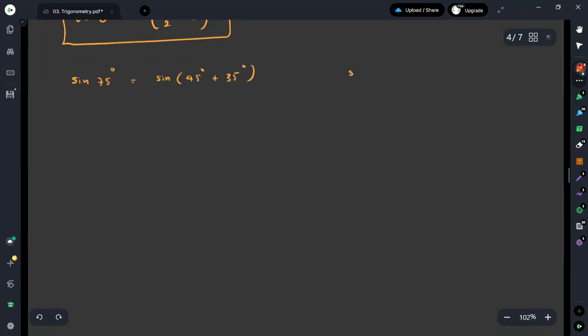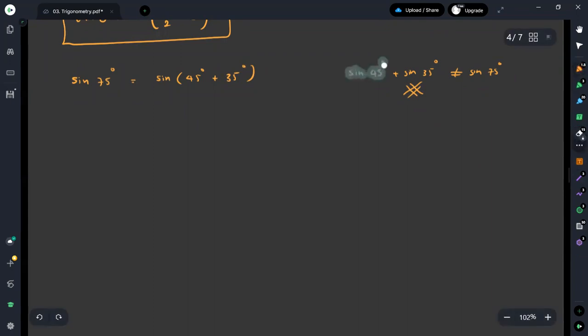You cannot write it in this way. If you write sine 45 plus sine 35, it will not be equal to sine 75. Therefore, this is the wrong way. We are not going to write sine 75 as the summation of two other sine functions.